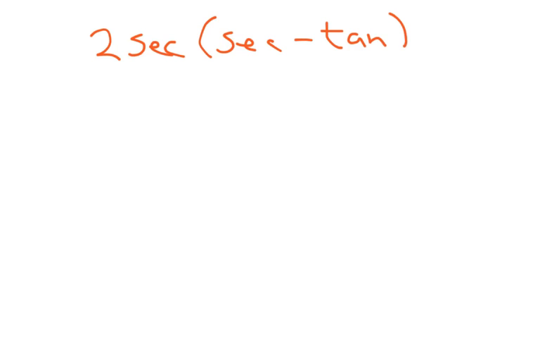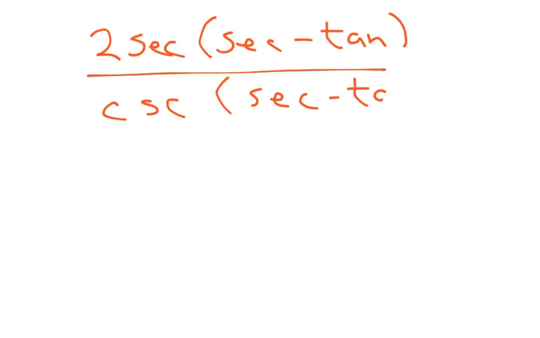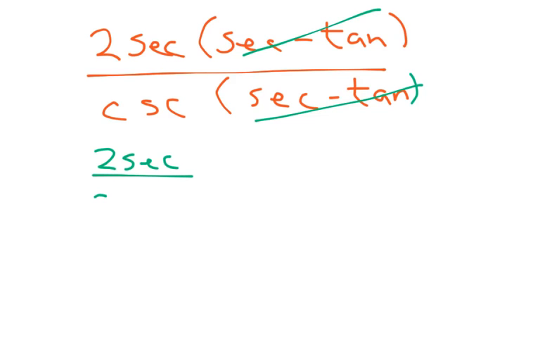So I'm going to get 2 secant times secant minus tan, all over cosecant times secant minus tan. And what happens here is these cancel out, and I get 2 secant over cosecant.